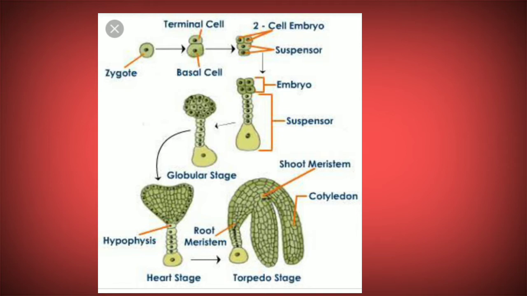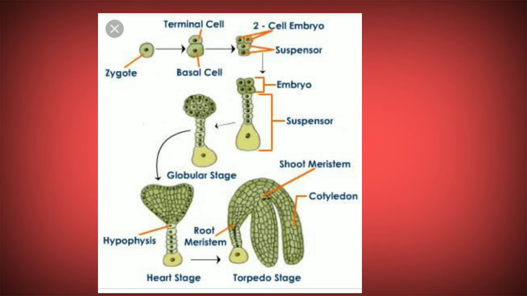The terminal cell, after the first cell division, forms the pro-embryo or embryo cells, and the basal cell, with its parallel or periclinal division, forms two suspensor cells. These suspensor cells elongate in size with repeated periclinal cell division and form the suspensor, whereas the pro-embryo divides by periclinal division to form the four-celled embryo.